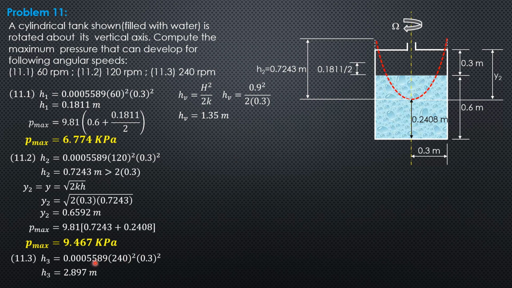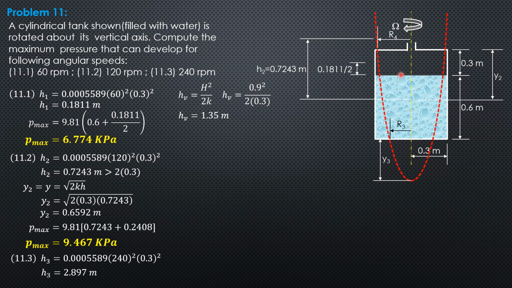Because 2.897 is greater than 1.35, the vortex will extend beyond the bottom center, and it looks like that. So this is the surface with overall height 2.897 meter. What is important here is we need to compute this distance from the bottom center to the vortex so that we can compute this distance, which is 2.897 minus this distance. I will call this distance y3, this radius r3, and the intersection of the surface with the top cover r4.